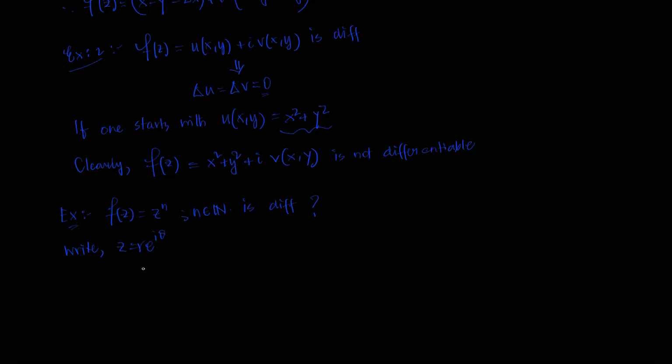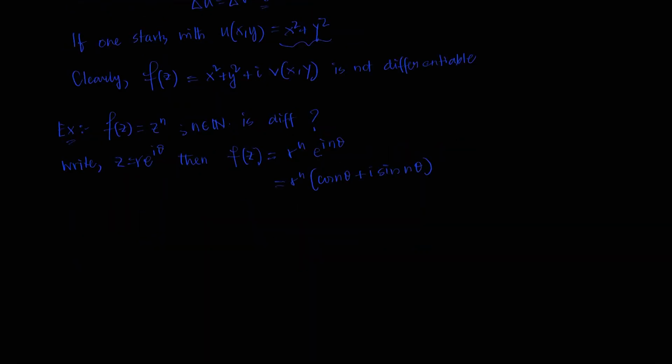If you do that, then f(z) you can write as r power n e power i n theta. De Moivre's theorem, if you remember. In that case, you can write it as r power n times cosine n theta plus i sine n theta.